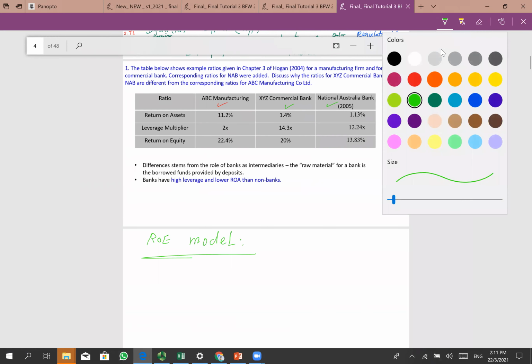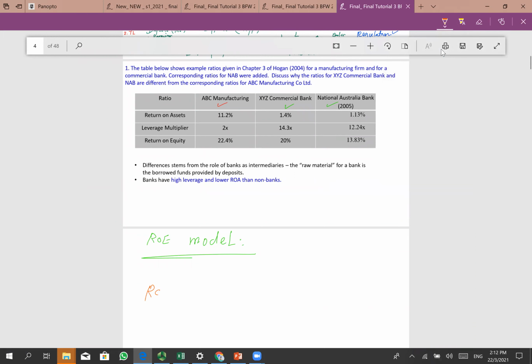The ROI model is ROA times the leverage multiplier, which is total assets over capital. ROA is net income over total assets, and this can be broken down into asset utilization, which is revenues over total assets, and profit margin, which is net income over revenues.